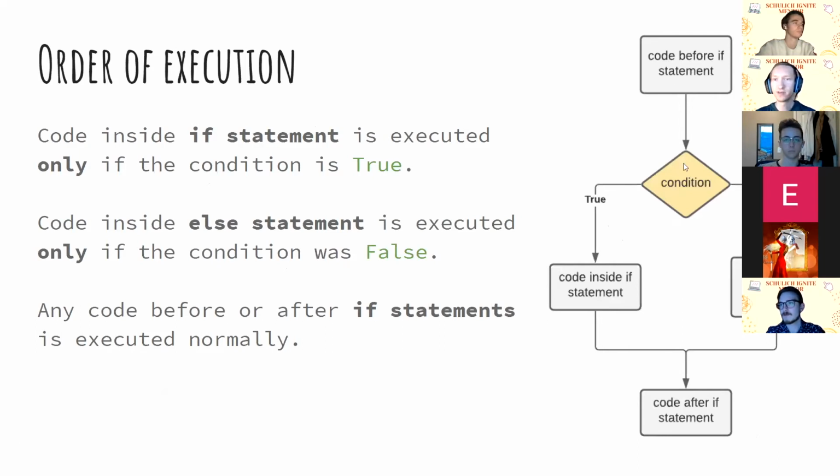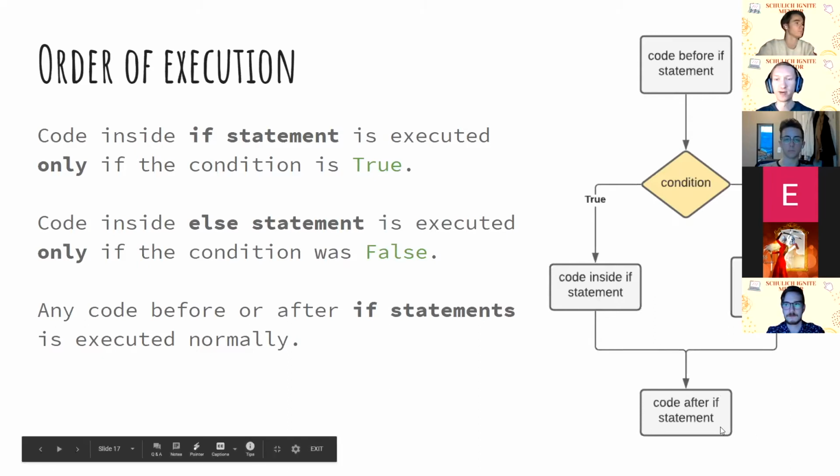The way the execution is going to flow is that whatever you have in that first part is only going to be executed when the condition is true. So you can see it's checking the condition, it's true, it runs the code there. And then whatever follows after your if statement, it will then go back to that and keep running.